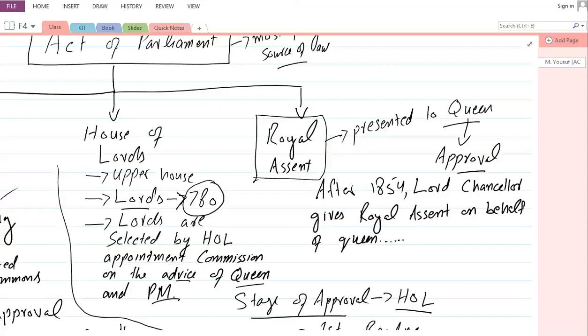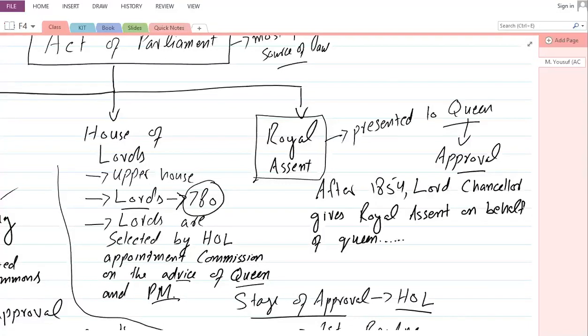So I have some videos related to royal assent, and the approval or voting by the House of Commons and House of Lords. I want to share them. One thing you should remember is that when the Queen gives the royal assent, it is announced in the House of Commons and House of Lords.